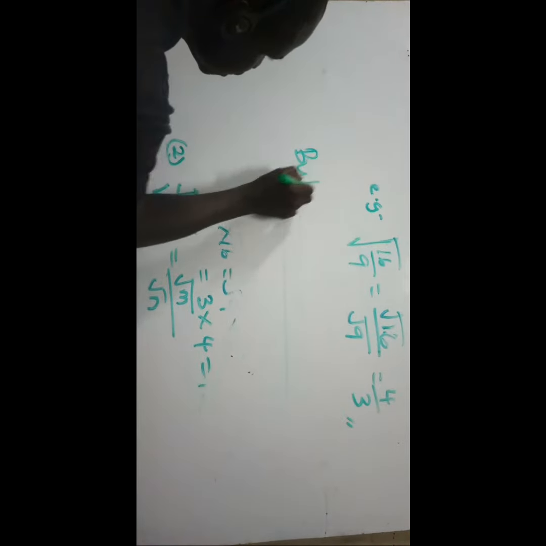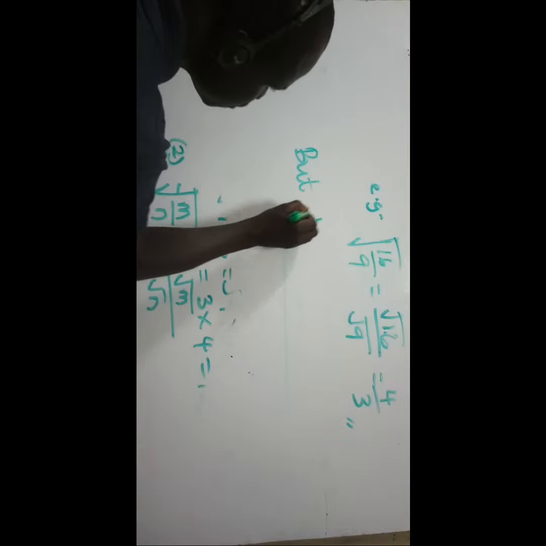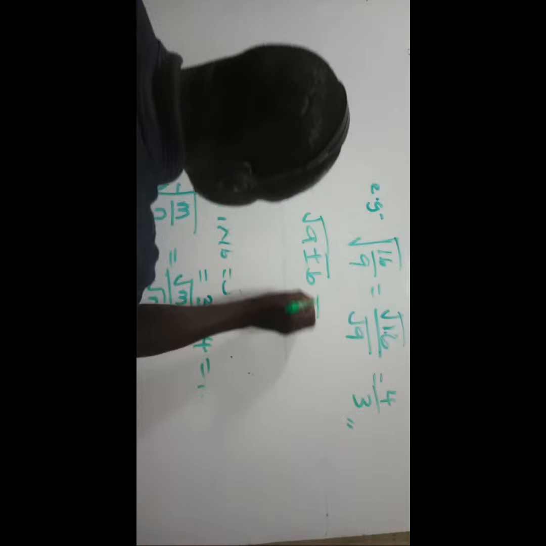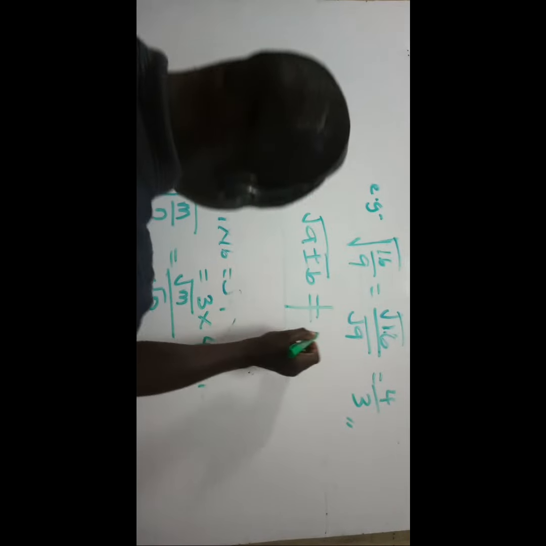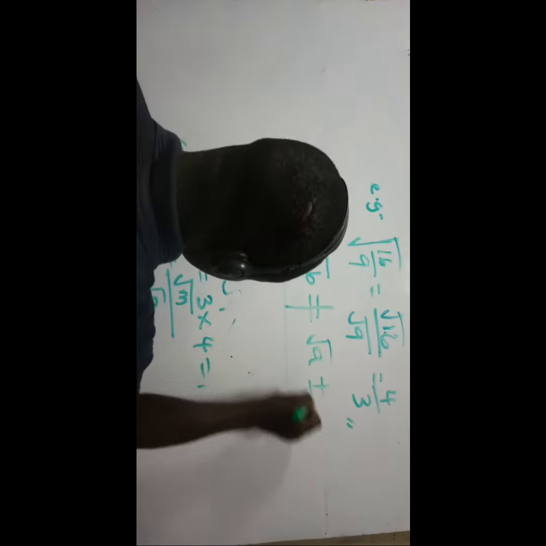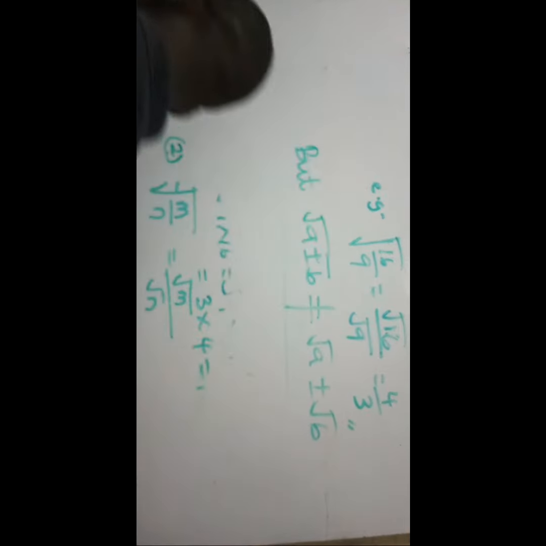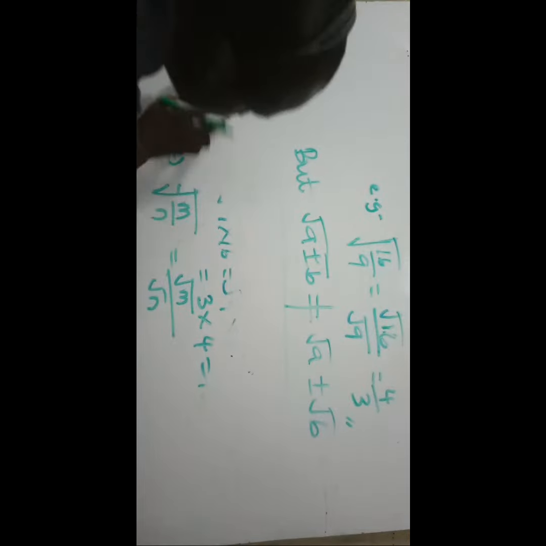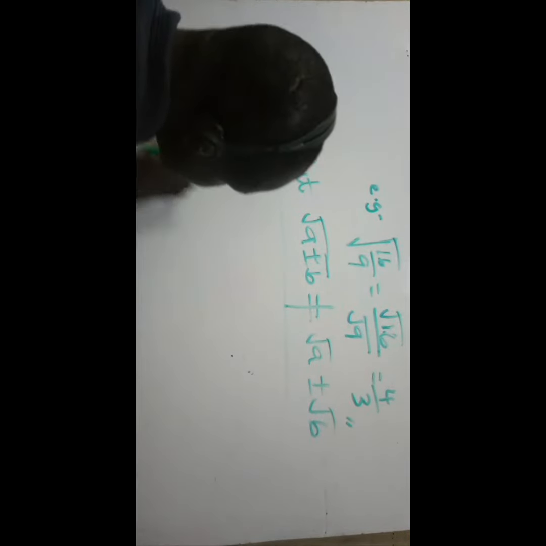But square root of a plus or minus b, I will explain, is not equal to square root of a plus or minus square root of b. What am I saying in essence? When you have multiplication, I said it can be split.